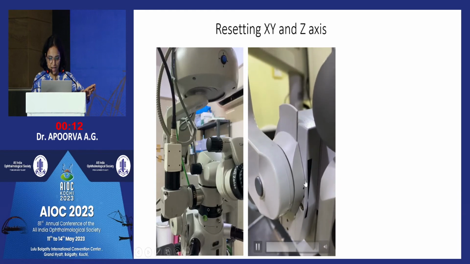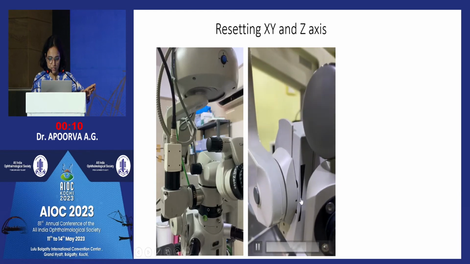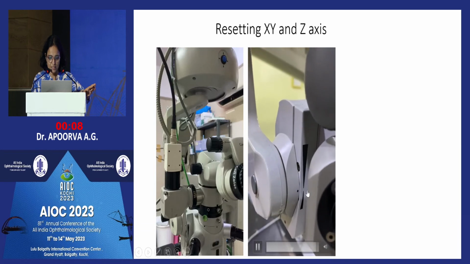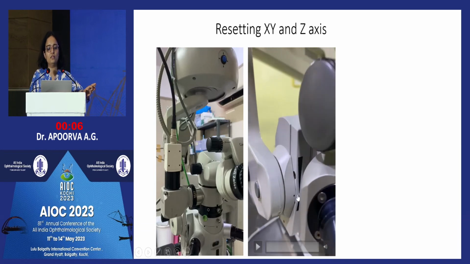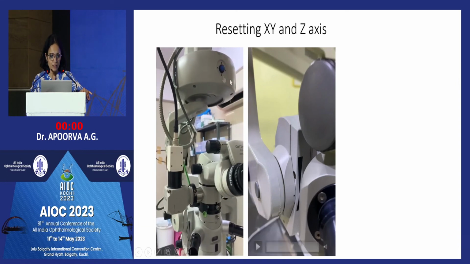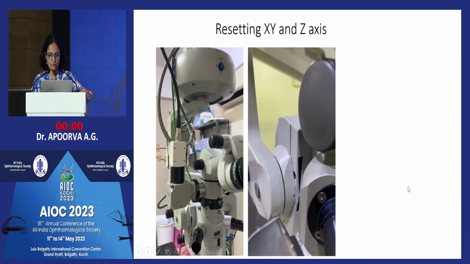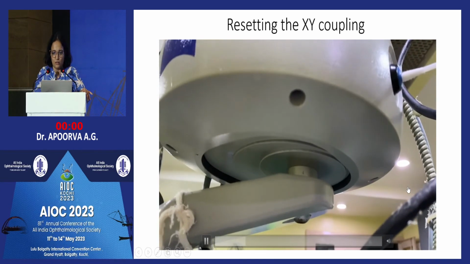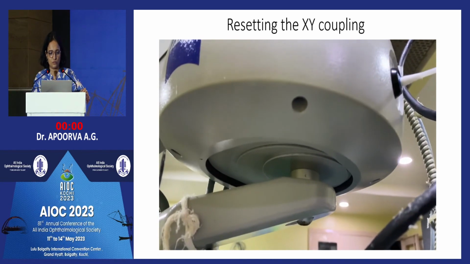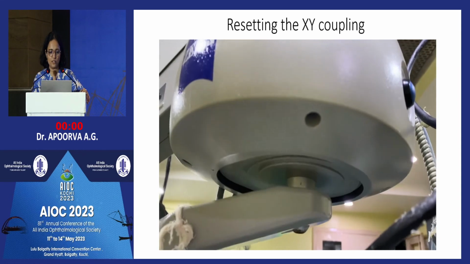You can see the black dot is moving to the center here. This is the resetting of the X, Y and Z axis. So this has a movement range of about 40 by 40 mm. This is the reset button. You can see how it is moving.